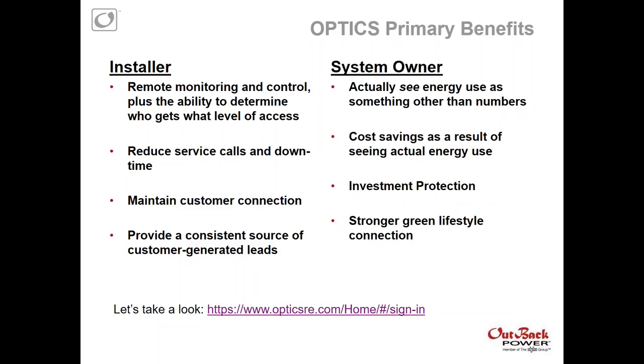For the end user, the system owner, there are 4 different levels of security that the installer can set on Optics, and the top level allows the system owner to get all the pretty stuff.